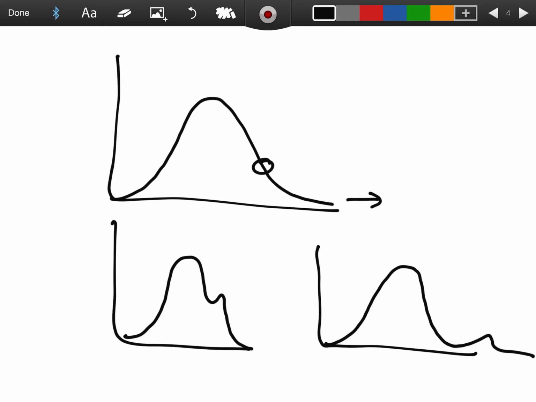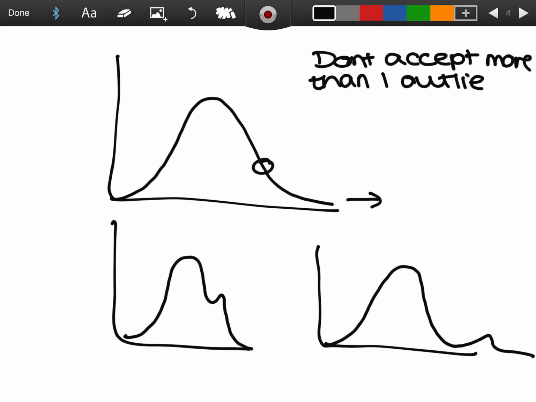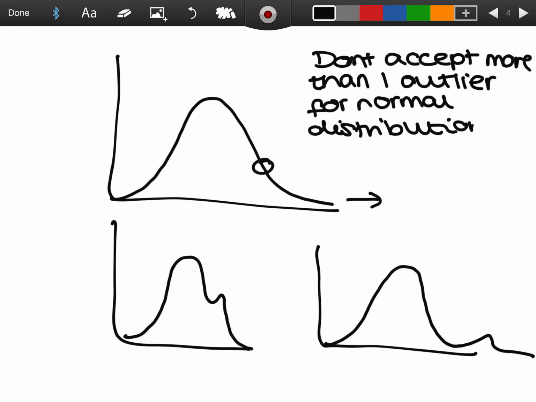Because of that, we don't like there to be 2 or more outliers. We will accept 1 outlier in our data, but we don't like 2 or more outliers because it will start throwing off our graph for our normal distribution, for our histogram or for our normal probability plot. Any more than 1 outlier we don't like because it's going to throw off our normal distribution.